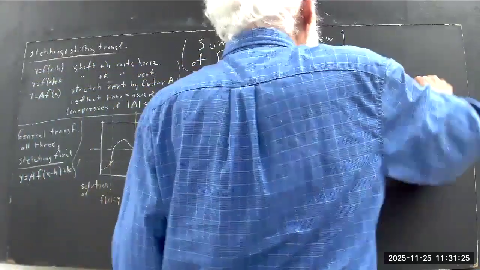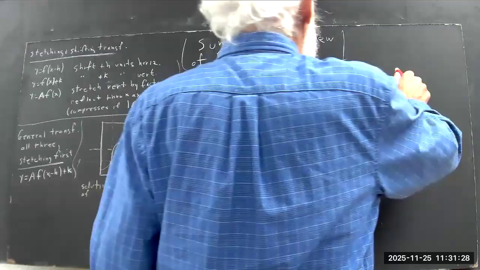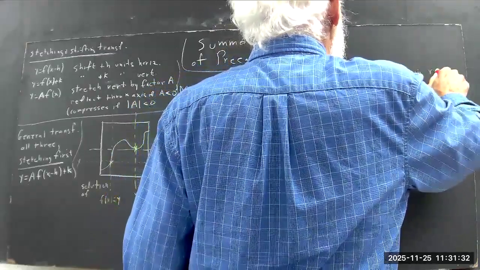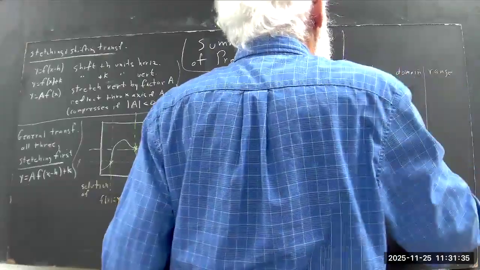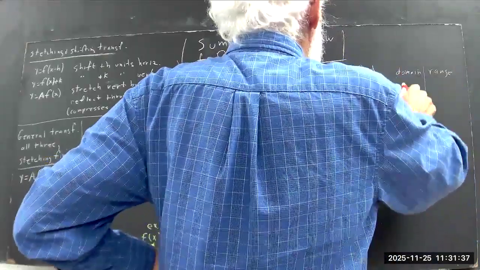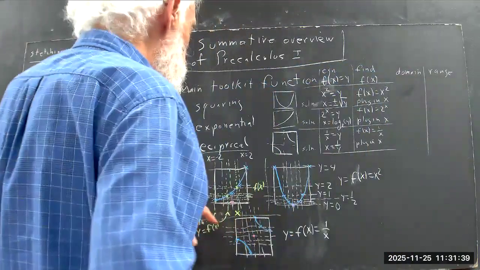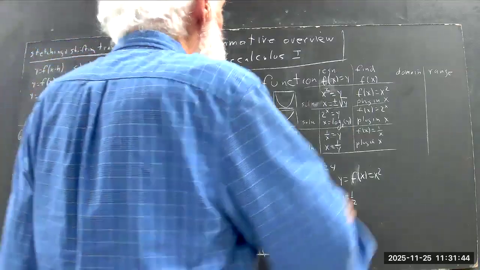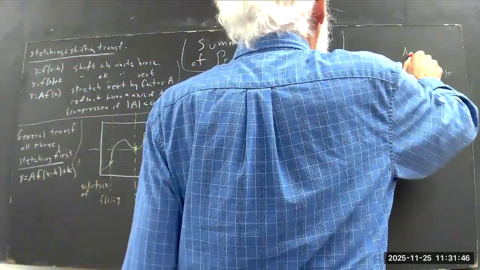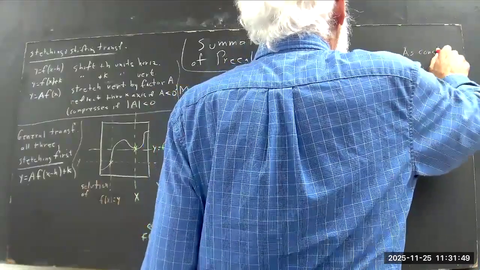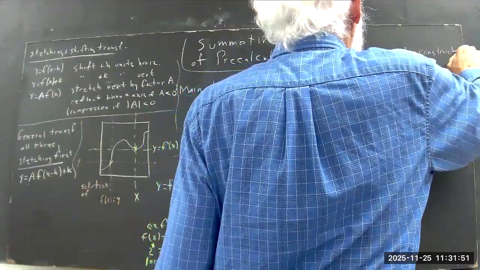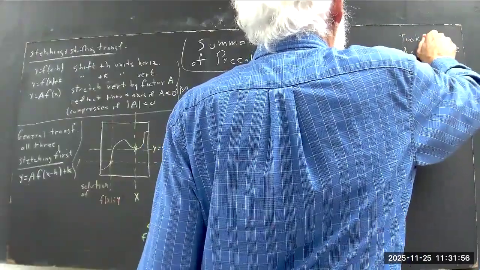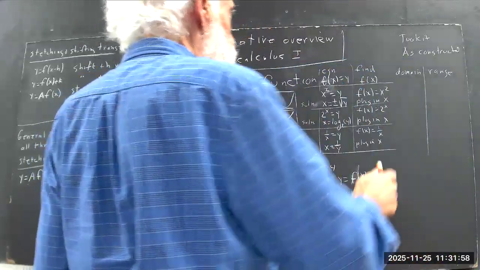So okay, we want to do the domain and range of each function. The domain of the function as constructed, and this is for the toolkit function.